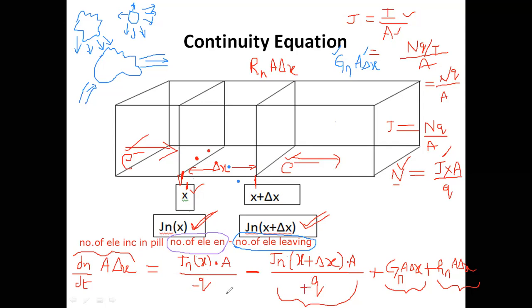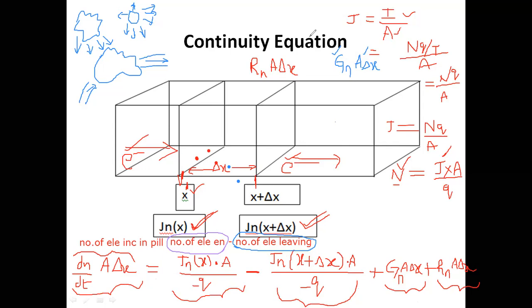So if I write plus here, and replace n with p, it will become the main continuity equation for holes. So this is for electrons, right? This equation is the main thing. If you understand how you get this equation, then it is very easy to continue the derivation.